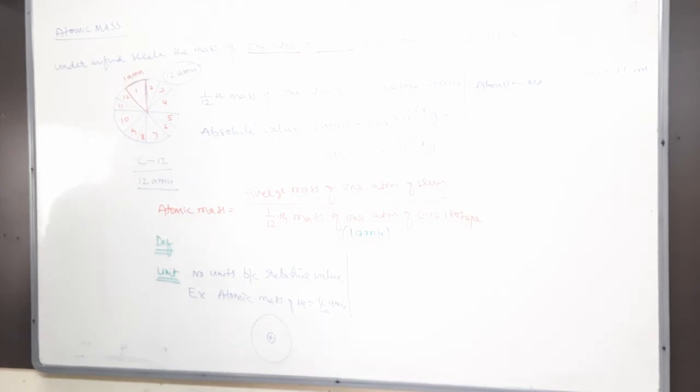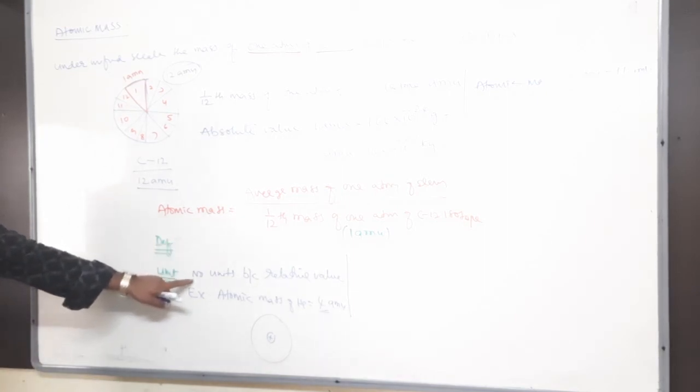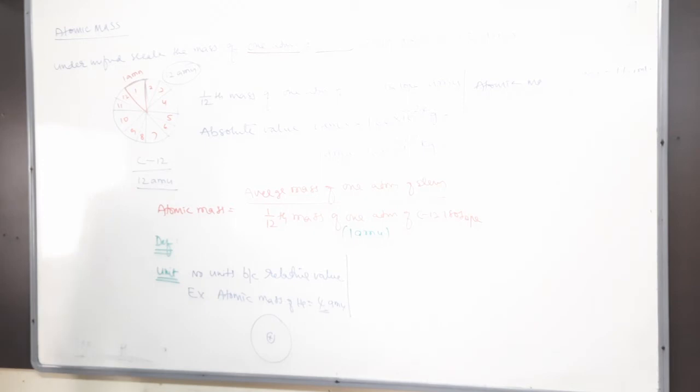Have you written till here? Write down this: atomic mass has no units because it is a relative value or comparison value. Written. Next point, example. The atomic mass of helium is 4 AMU, right?